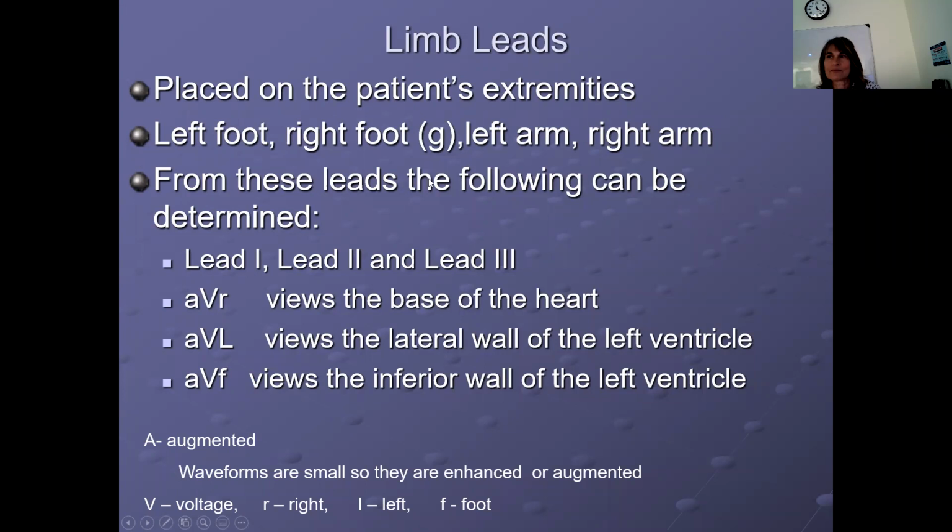I was taught that ideally the limb lead should be as distal as possible. The placement of the six chest leads is quite important, because you're looking at the conduction through different angles of the heart.